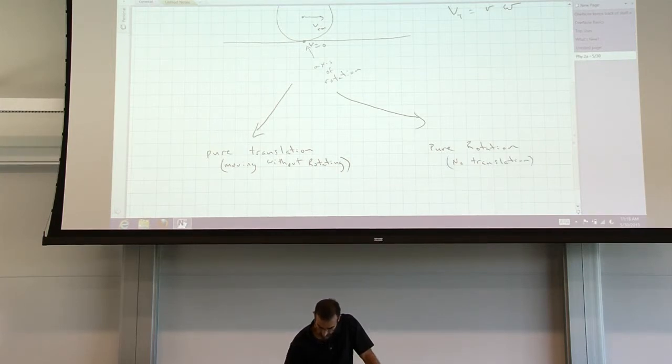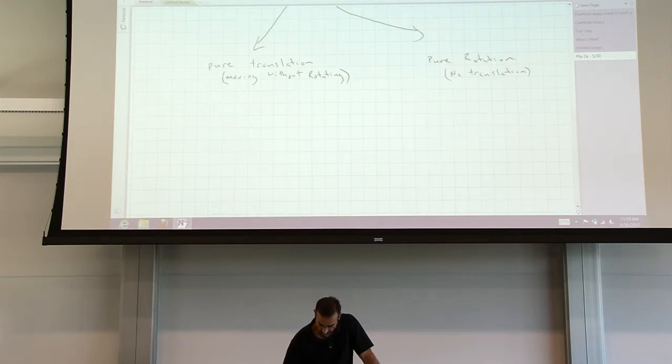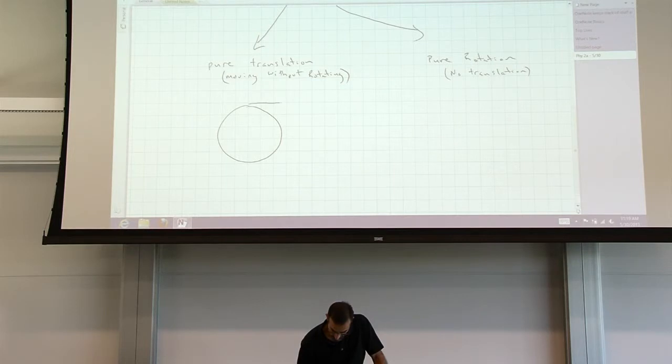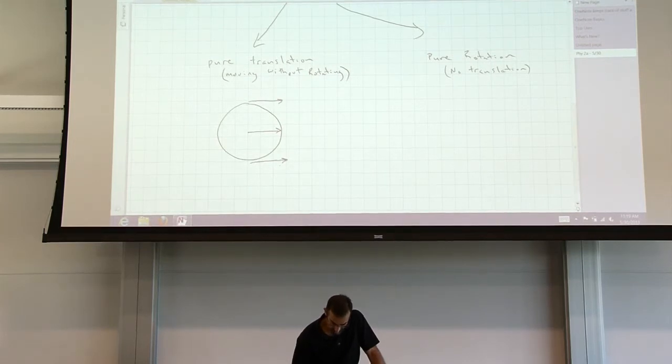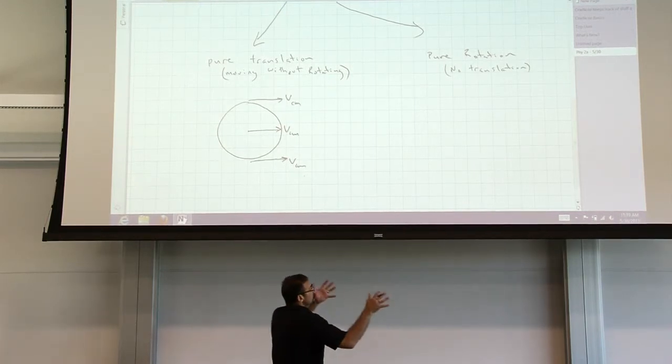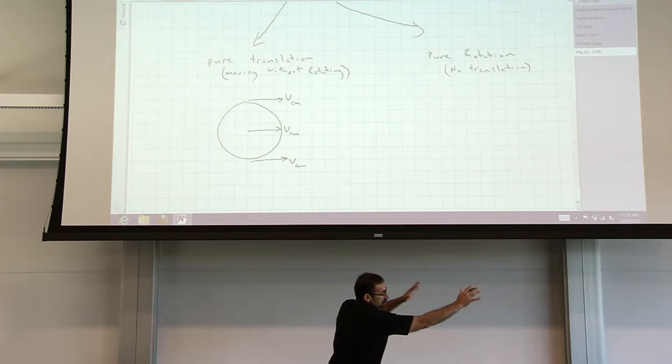And I'm going to show you that if we put these two together, we get rolling. So pure translation, no rolling. That means we've got our object here just moving to the right. V center of mass, V center of mass, V center of mass. Right? The whole thing is moving to the right with the same speed and nothing's rotating.